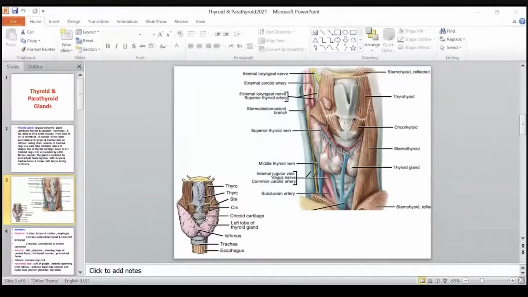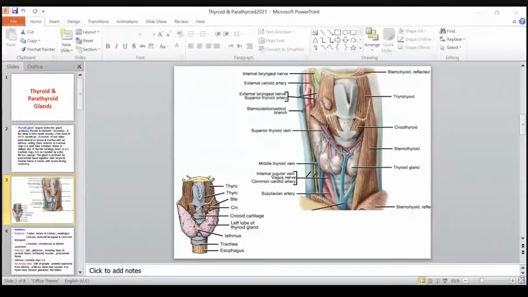In this slide, you are seeing two pictures. On the left below, this shows the two thyroid lobes with the middle portion which joins the two lobes, which we call the isthmus of the thyroid gland. So it's formed of left lobe, right lobe, and isthmus of thyroid gland.